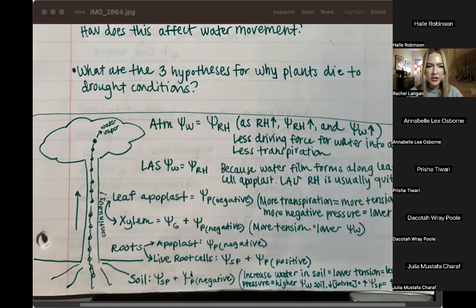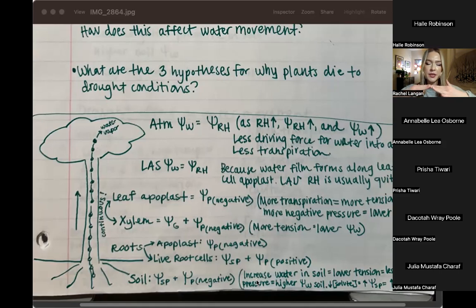So negative pressure here is actually not connected to the big chain. It's not due to evaporation from the leaf airspace. The negative pressure here actually has to do with how much water is in the soil. So if you increase the amount of water in the soil, you lower the amount of tension.